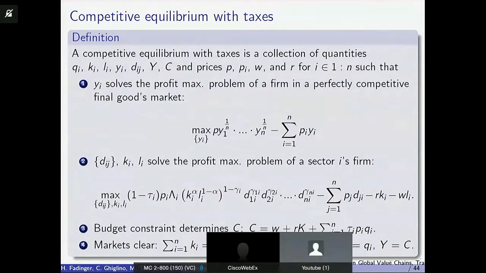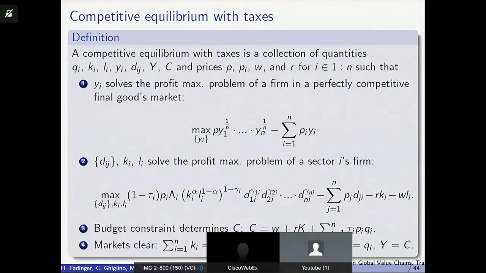So from there we can define a competitive equilibrium with taxes, where the small y_i solves the profit maximization problem of the final goods representative firm. The intermediate sectors face sector-specific tax rates tau_i, which reduce the revenue of the sector.